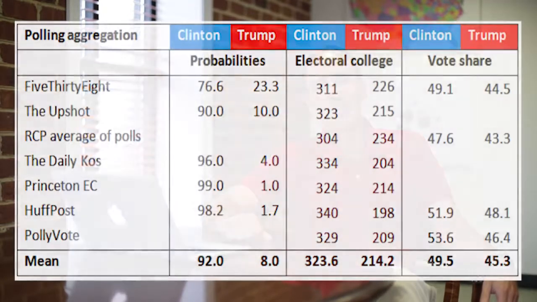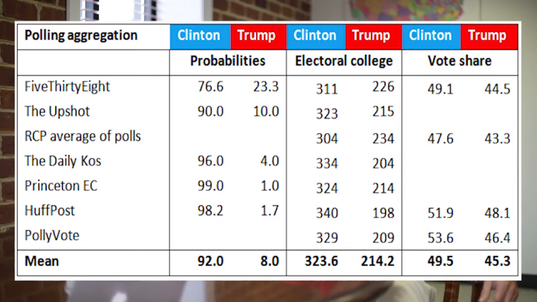If you look at 538, a major aggregator of polls and a major modeler and data analyst, the day before the election they had Hillary Clinton with a little bit over a 3 in 4 chance, a 76.6% chance of winning. The New York Times, at 10:20 on election night, had it at 85%.